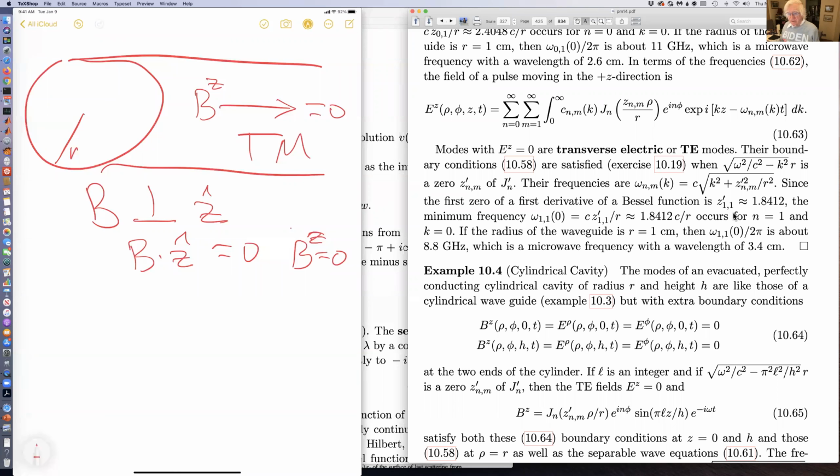And Z prime 1, 1 is 1.8. I wonder why I didn't use 0 here. Let me just make a note to myself.